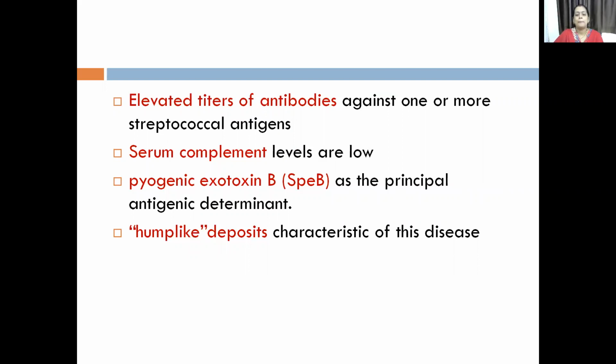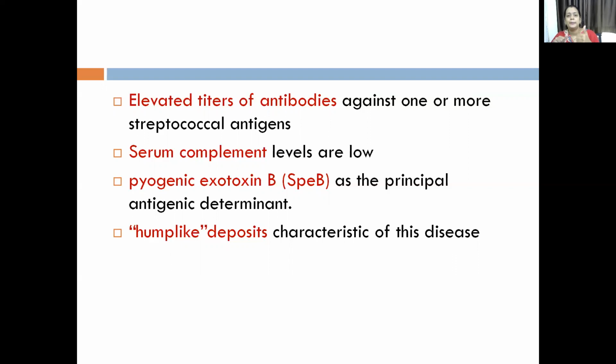Then the hump-like deposits are characteristic of this disease. The hump-like deposits, I told you, occur whenever the bacteria itself is the inciting agent causing the disease, then there will be the subepithelial humps. The bacterial products may cross the glomerular basement membrane, or they may not cross the glomerular basement membrane and form subendothelial deposits.